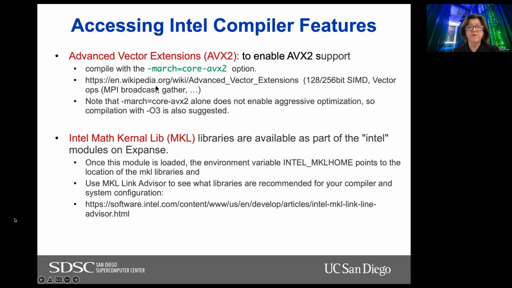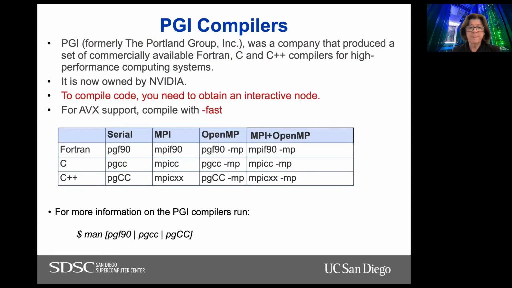Then here's how you do it. This gives you optimized data movement in the core. And the Intel Math Kernel Library is very, very popular. So if you want to use that, you want to make sure you have the right environment for that. And we have an example in our test codes, which I'll show you at the end of the talk.